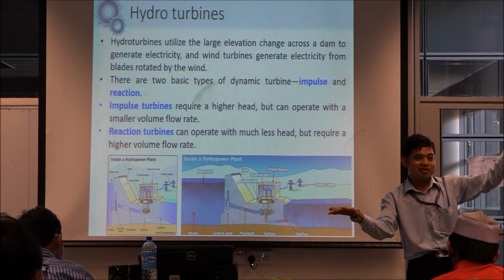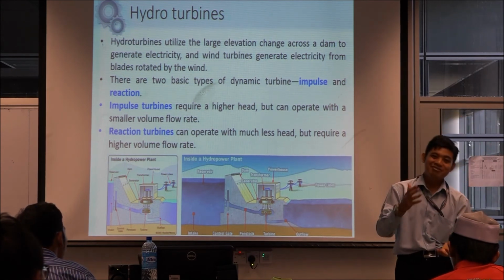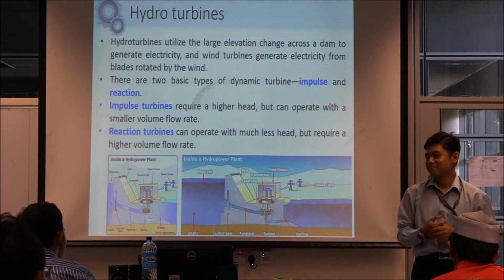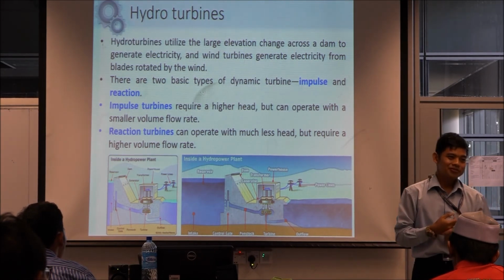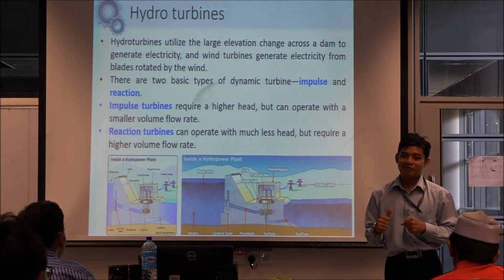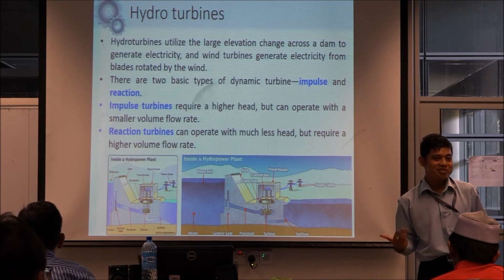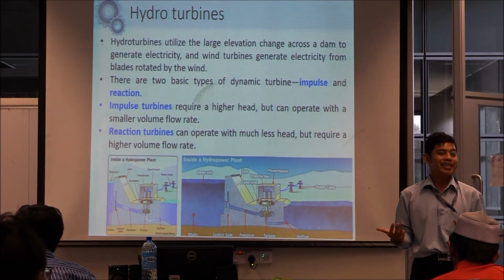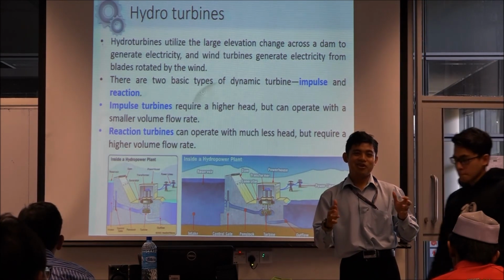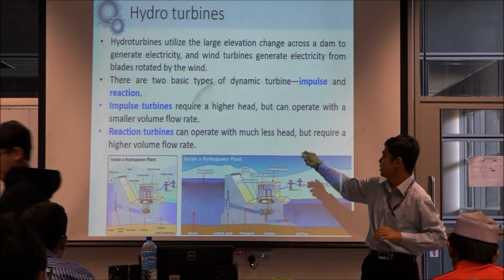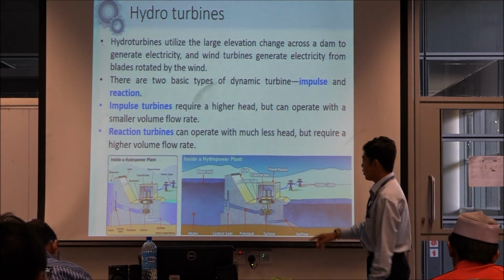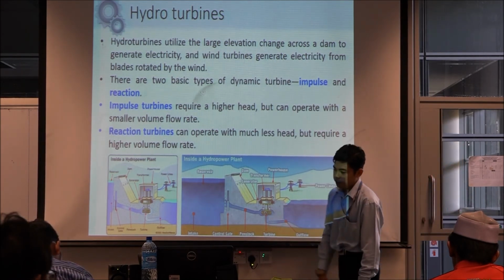So no more waterfall. So sometimes building a power plant can be an issue. Don't think that because it is environmentally friendly, with no emission, it will be easily built. Sometimes people want the waterfall, but if you have this thing, no waterfall anymore because you close it, right? And you drag the water through the penstock.